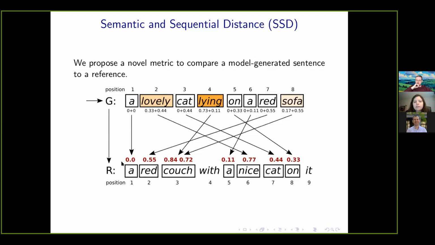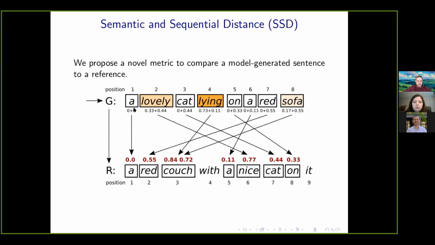Let's say here we go from the generated to the reference sentence. We find for each of the words in the generated sentence the semantically closest word. So here A is exactly here, lovely is maybe close to nice, and cat is here, lying, etc. So for each of these words, we find the semantically closest word on the other side. And this will give us the embedding distance.